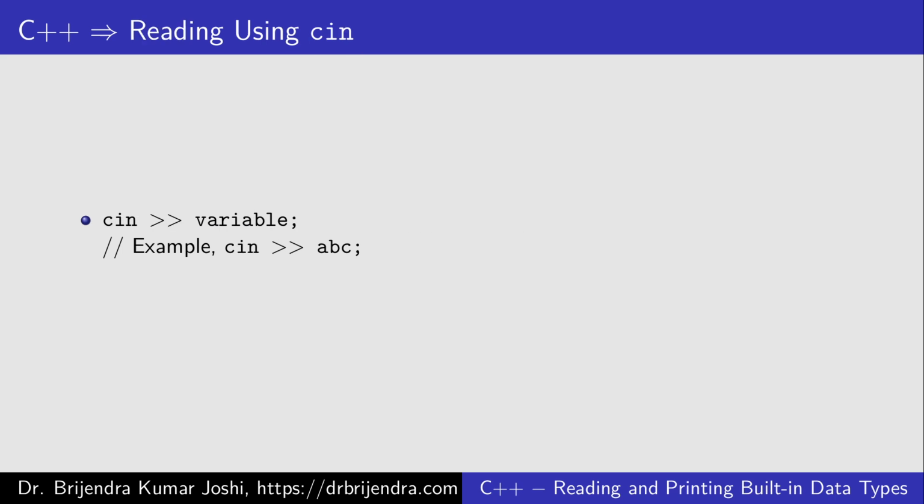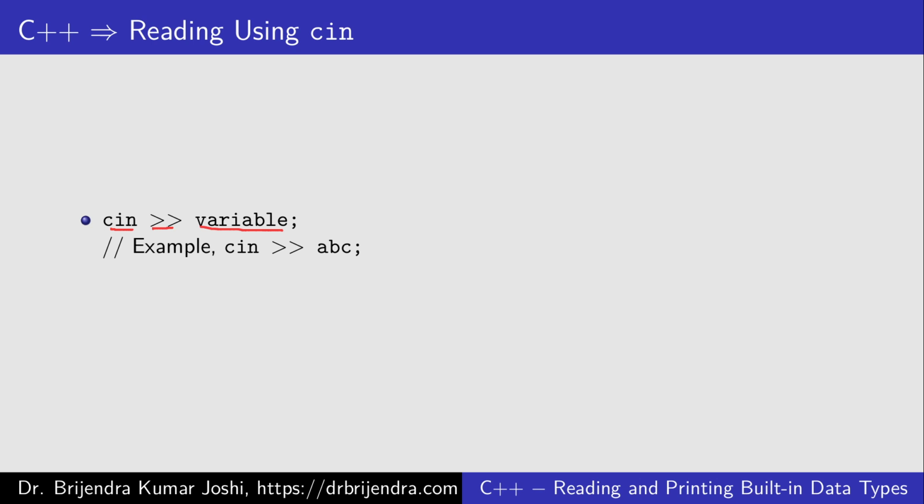Now, reading using cin, use cin extraction operator, two greater than symbols one after the other without any space between them, and then the variable. Now, unlike C, C++ does not require you to mention the data type of the variable to be used for reading from the standard input device, which is a keyboard by default.